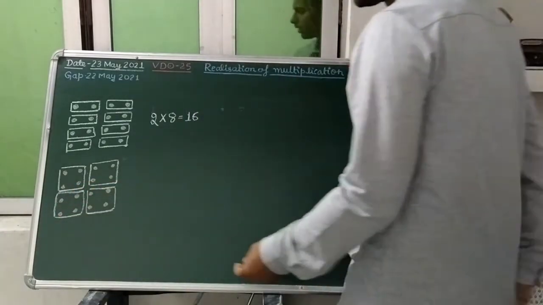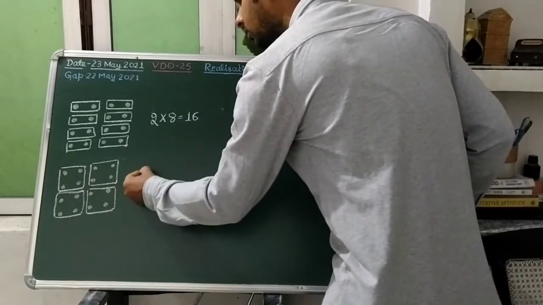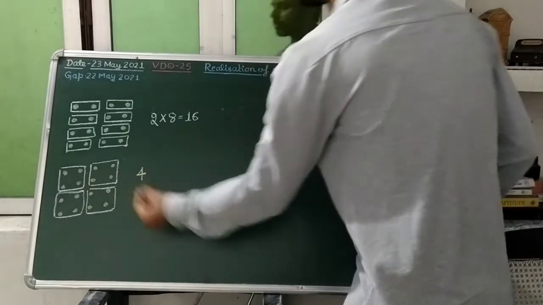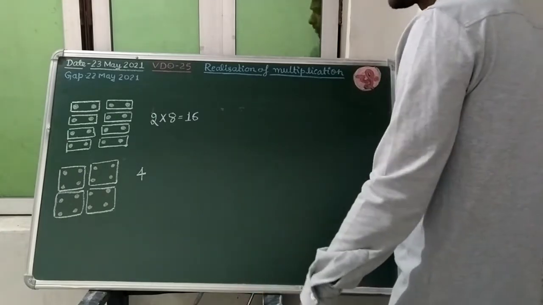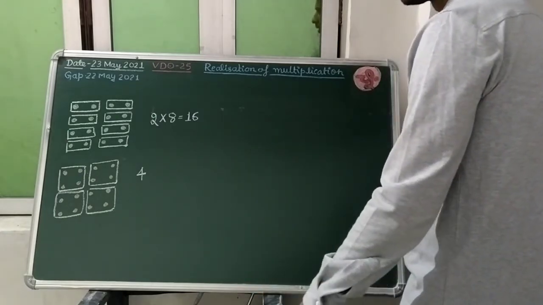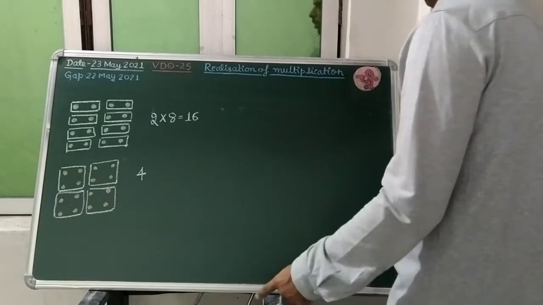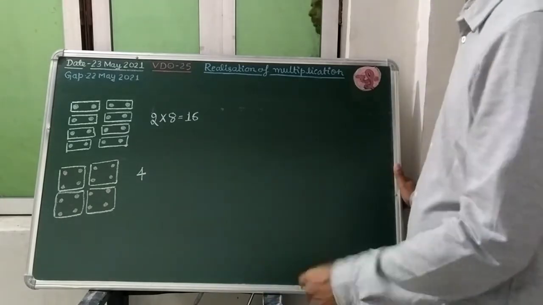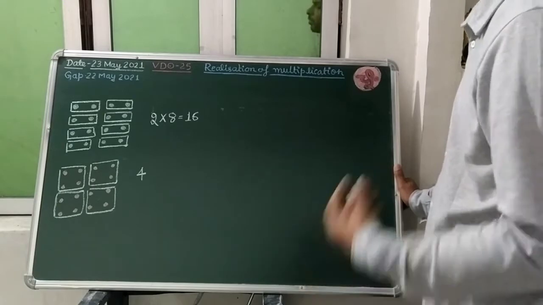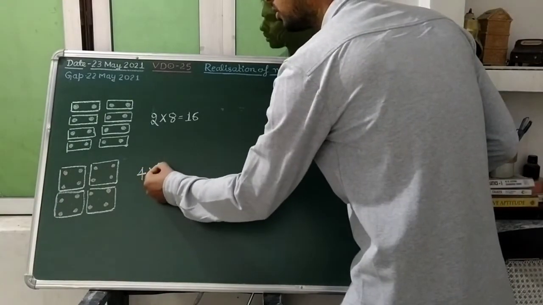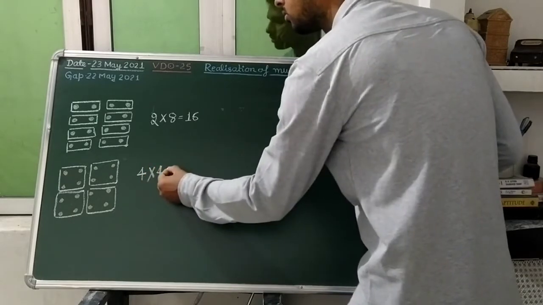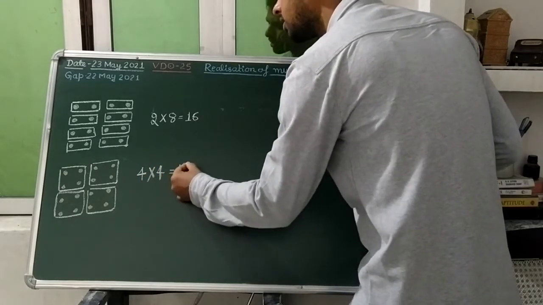So we are grouping the 4 dots. And how many groups are we finding, students? 1, 2, 3, 4. We are getting 4 groups. And once again, students, 4 into 4 is what? 16.